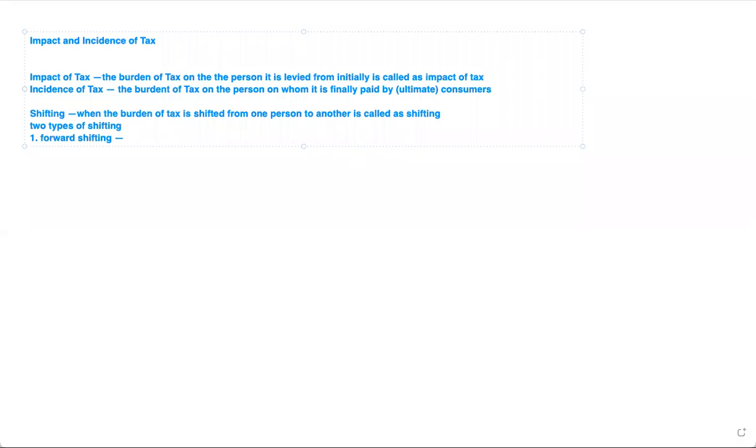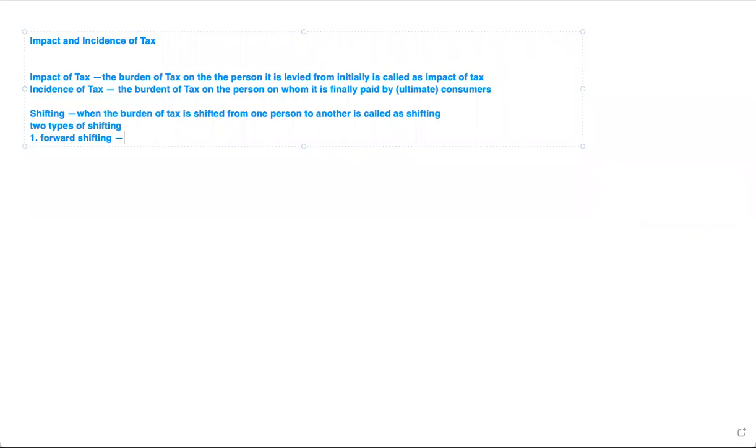What is forward shifting? Ma'am, the manufacturer shifted the tax to the wholesaler and the wholesaler to the retailer, and ultimately the consumer had to pay. Correct. Perfect.